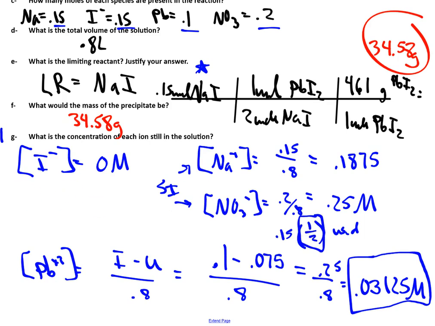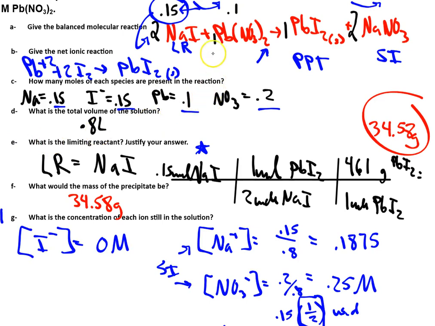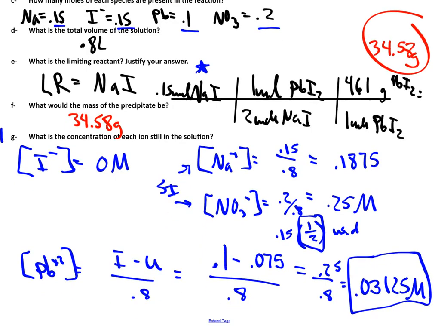The 1 from right here. 1 to 2. 1 to 2 ratio. So that's why 0.15 got divided in half. You subtract that. This was a 0.025. I did that wrong. And then you have 0.8 and you get 0.03125. Okay. B time is right now, yes.